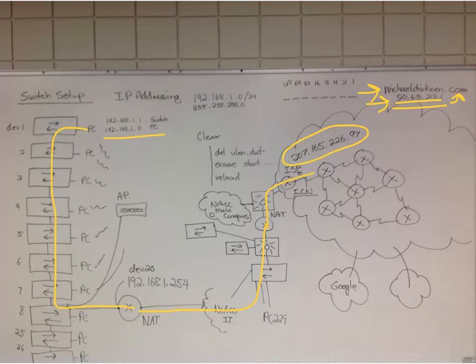And once it's on the internet, let's say here's michaeldirksen.com, eventually when it gets there, it sends it back to this address, which sends it to NIACC. And then when it gets here, that address is matched up with that 172. Gets down to here, it's matched up with this address, which then gets the MAC address put on it.